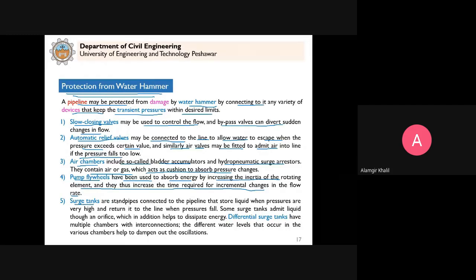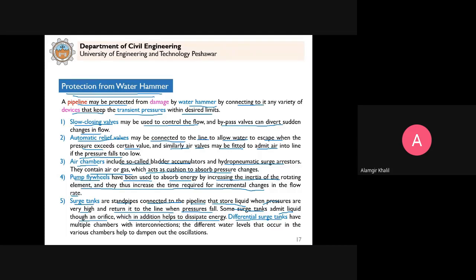Surge tanks are standpipes connected to the pipeline that store liquid when pressures are very high and return it to the line when pressures fall. Some surge tanks admit liquid through an orifice, which in addition helps to dissipate energy.